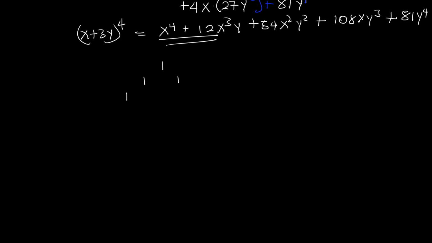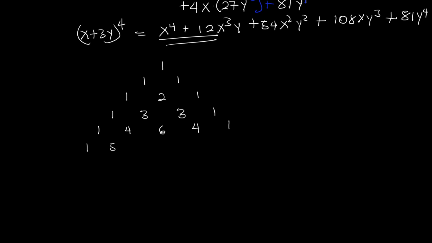And we have 1, 1. 1 plus 1 is 2. We have 1. 1 plus 2 is 3. 2 plus 1 is also 3. And we have 1. 1 plus 3 is 4. 3 plus 3 is 6. 3 plus 1 is 4. And we have 1.